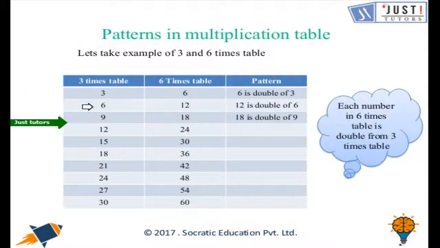If you observe the pattern in each one of them, we see that 6 is double of 3. Coming to the next one, 12 is the double of 6, and so on for all of them. So we can say that each number in the 6 times table is double that of the 3 times table. This is how we observe pattern in multiplication table.